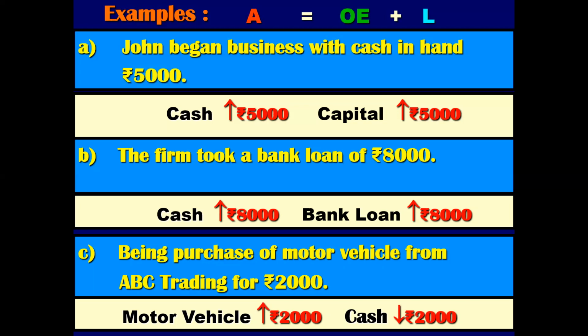This is your second character. One asset increases, and at the same time another asset decreases. The motorcycle is also an asset, cash is also an asset. You take cash and spend it to purchase the motorcycle. The motorcycle comes in, at the same time cash goes out.